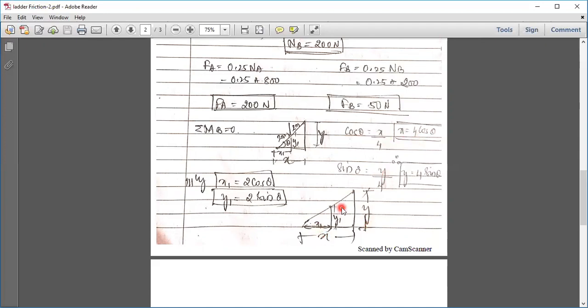Similarly, sin theta is opposite upon hypotenuse, Y by 4. So Y is 4 sin theta. Similarly, for the smaller triangle, cos theta is X1 by 2, because this hypotenuse becomes 2, and sin theta is Y1 by 2. So Y1 is 2 sin theta. In this triangle, I will apply cos and sin theta. I get these two sets of values.